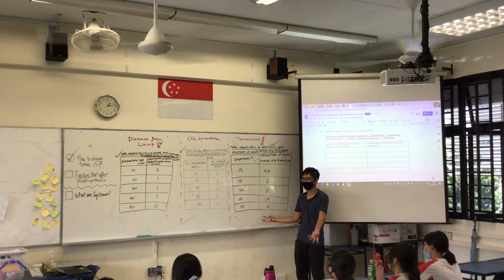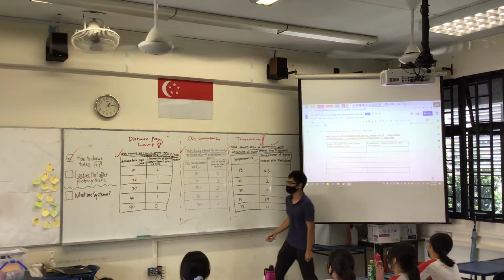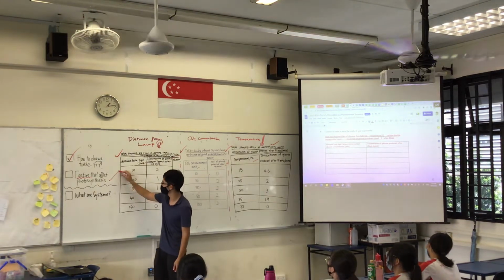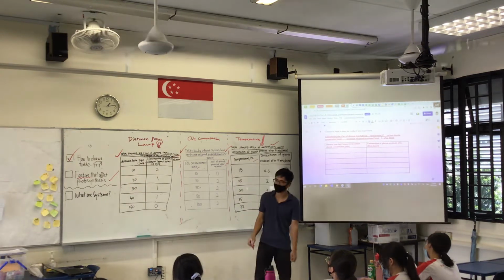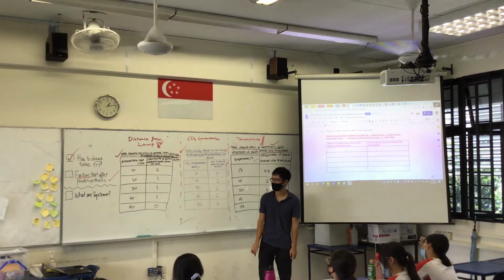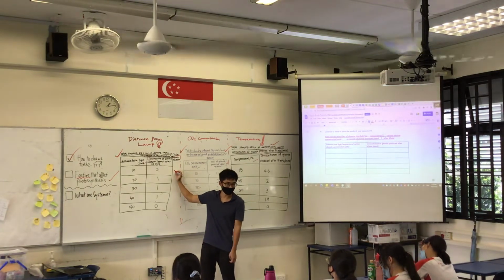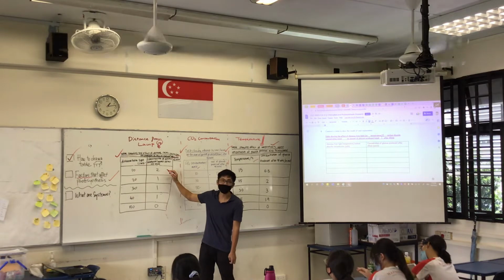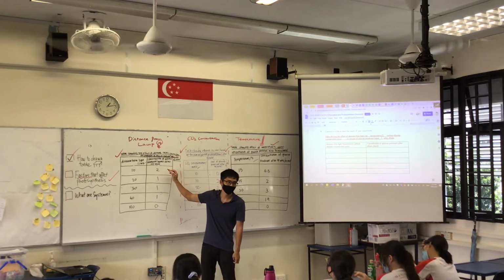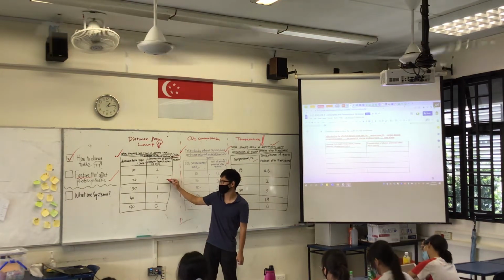Is there some sort of a trend? This is where we are going to talk about the factors that affect photosynthesis. First and foremost, let's look at distance from the lamp. You notice that when the lamp is very close, the rate of photosynthesis is pretty high. As it goes further away, it decreases.